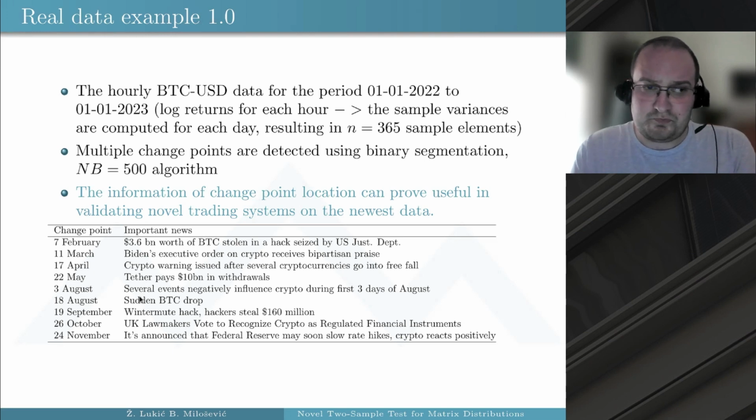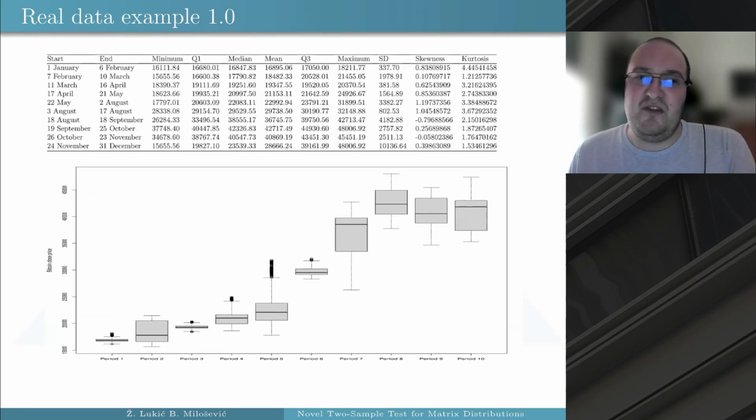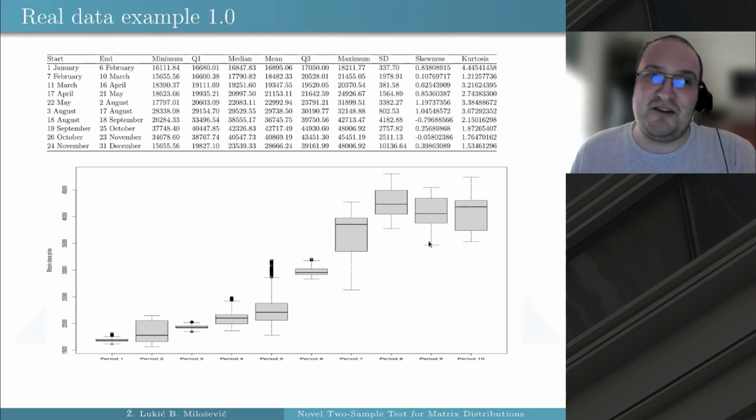For example, on the 8th of February, if I correctly remember, there was a significant seizure of Bitcoin by the Justice Department. Moreover, we have computed the descriptive statistics for our periods, and here you can see the box plots for each period. Of course, we are going to talk a bit about practical importance in trading later on.